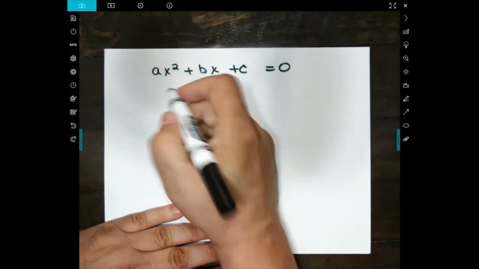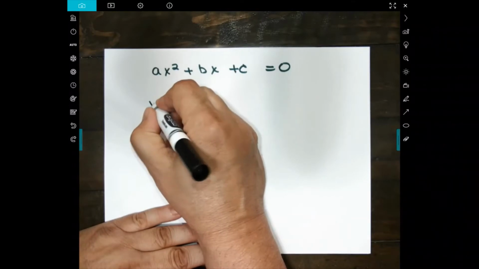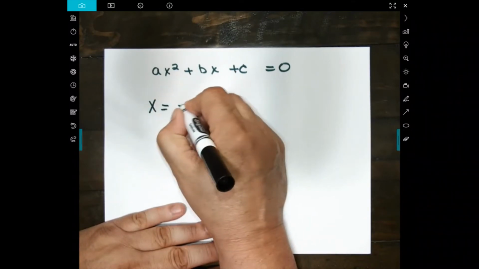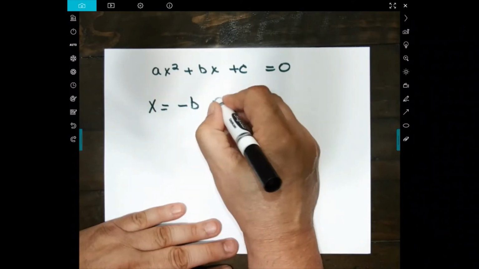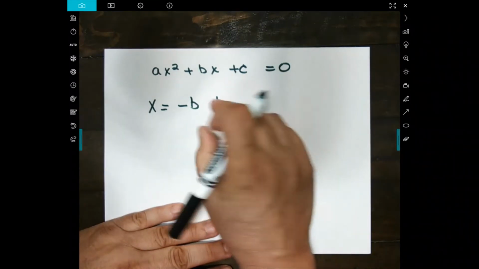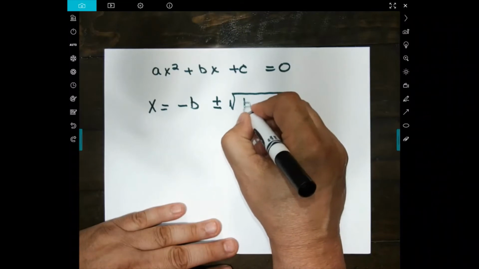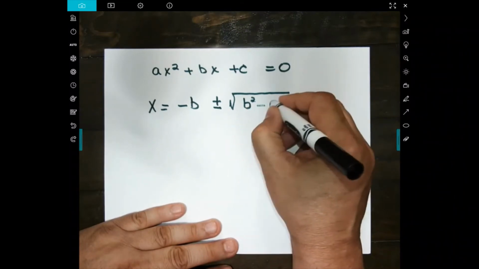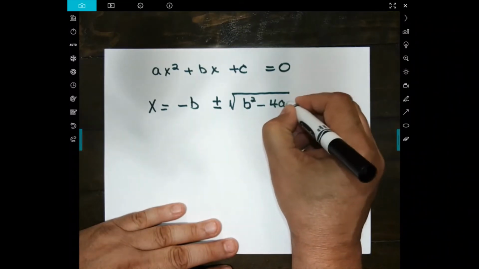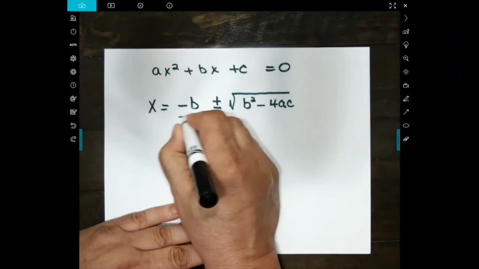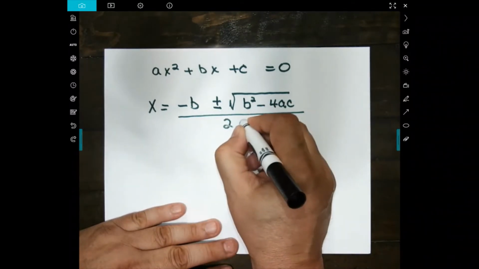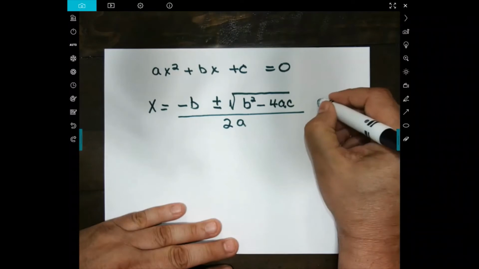And here it is: x equals minus b, plus or minus, there's two equations here, the square root of b squared minus 4 times a times c, all of this over 2 times a. And this is the quadratic formula.